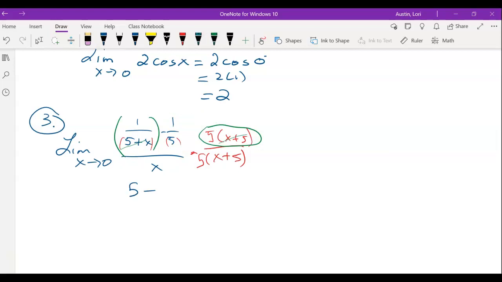Then I'm going to do the same thing. I'm going to take this and distribute it to here. What's going to cancel? If I take 5 times (x plus 5) times 1/5, what cancels?